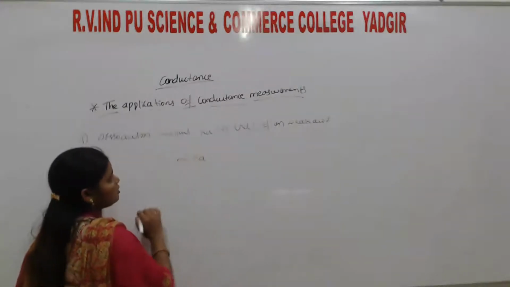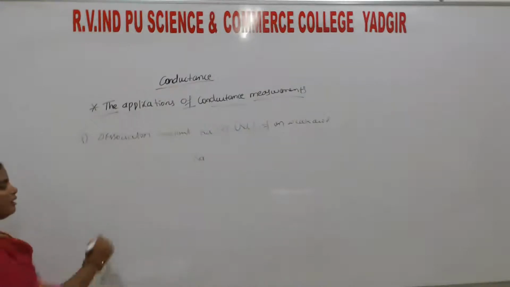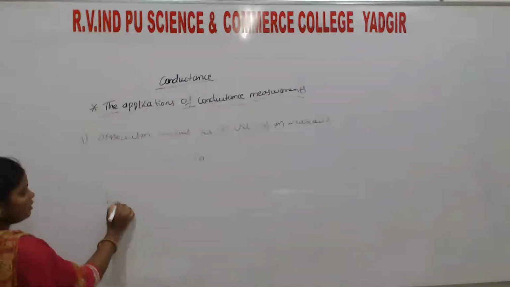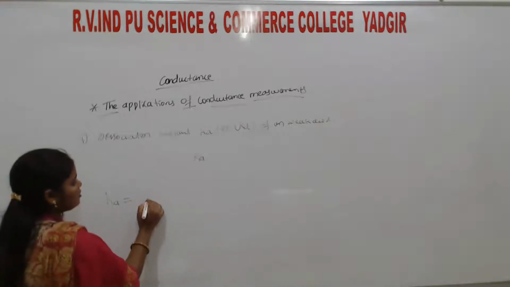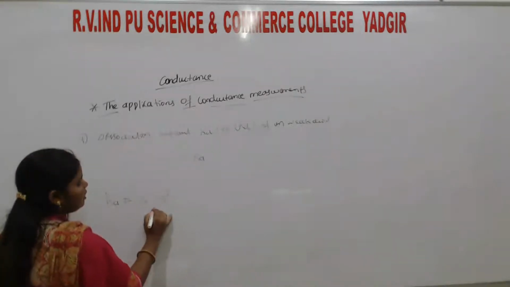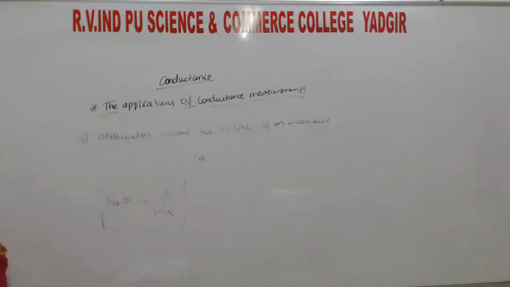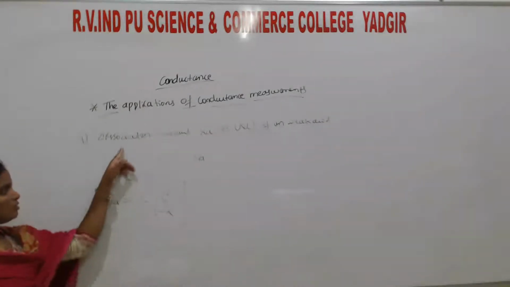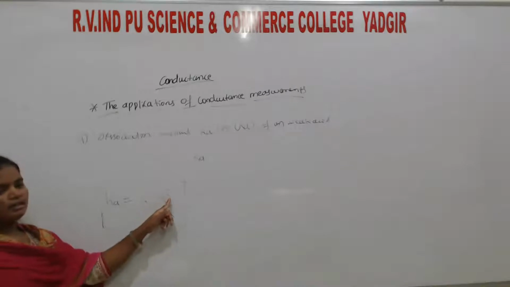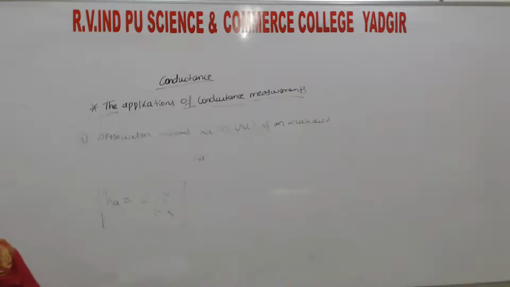The formula is Ka is equal to alpha square divided by 1 minus alpha into concentration C. This is the formula for finding the dissociation constant of a weak acid. K is the dissociation constant, alpha is the degree of dissociation, and C is the concentration.